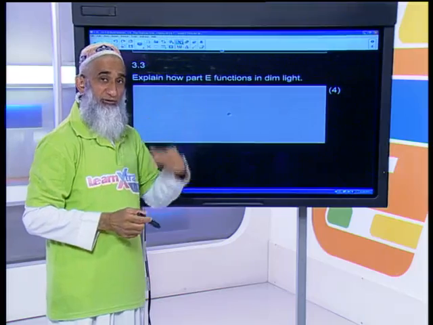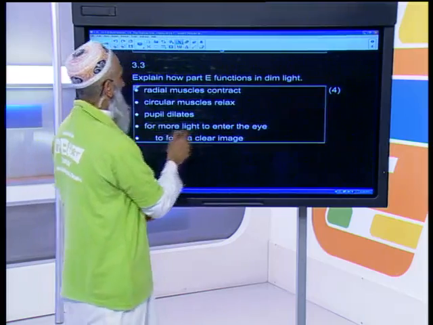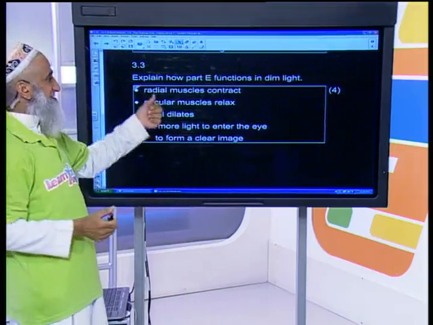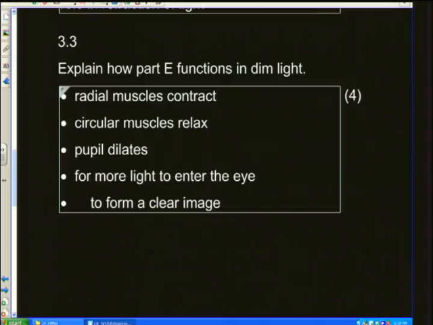So always think about it, even when you're putting your answers down. And how does that happen? The radial muscles contract, the circular muscles relax and the pupil dilates. Notice we're using the correct language: the pupil dilates, so more light enters the eye for a clear image to form. To remember this one, this is dim light, I use the mnemonic debit, credit.